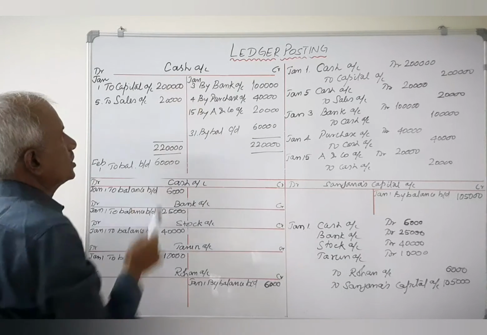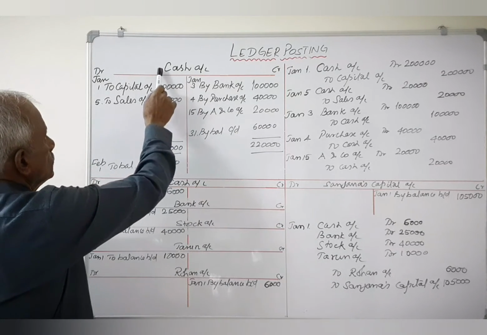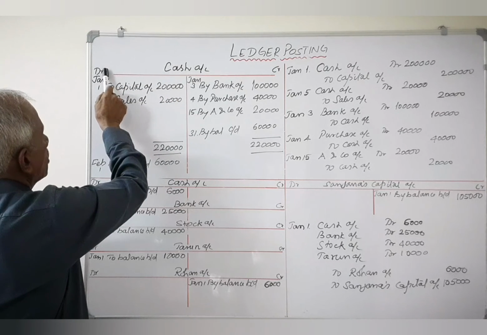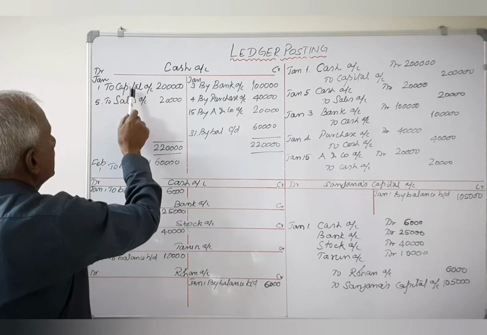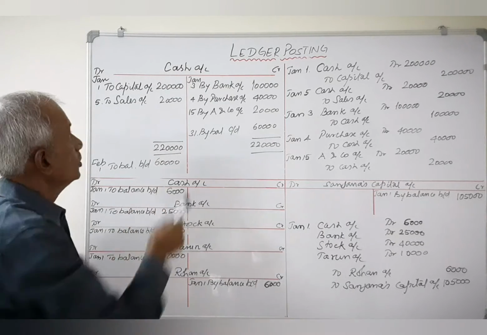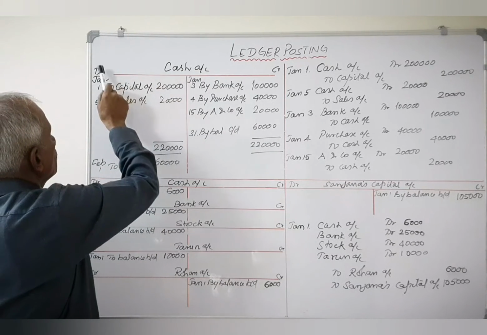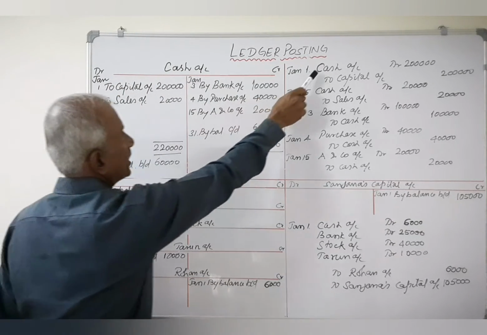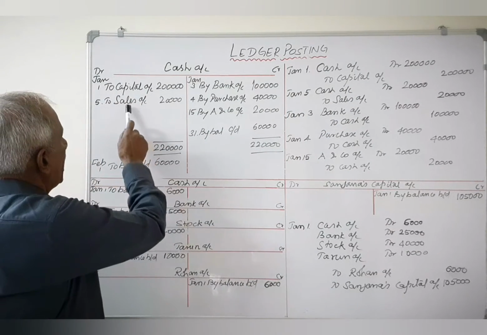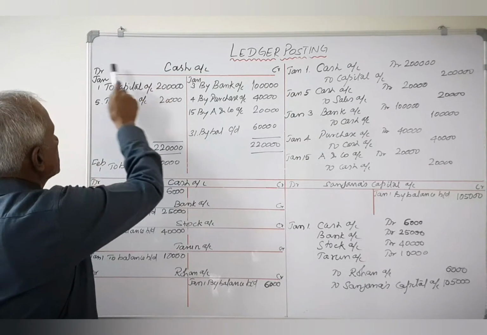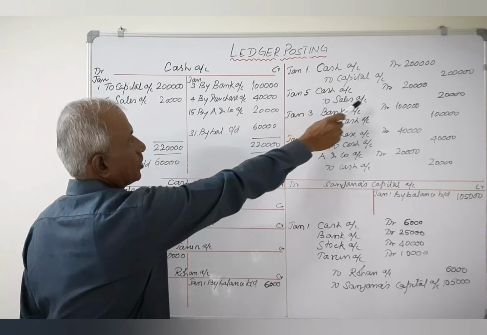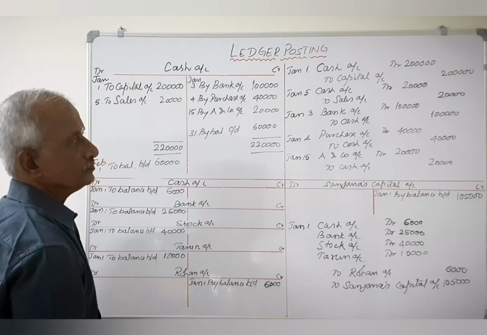Here it is cash account. So if we go to this side, let us take cash account as debit, and the account against the amount should be taken as capital. So the journal is cash account debtor to capital 2 lakhs. And for this account it is cash account debtor to sales 20,000.